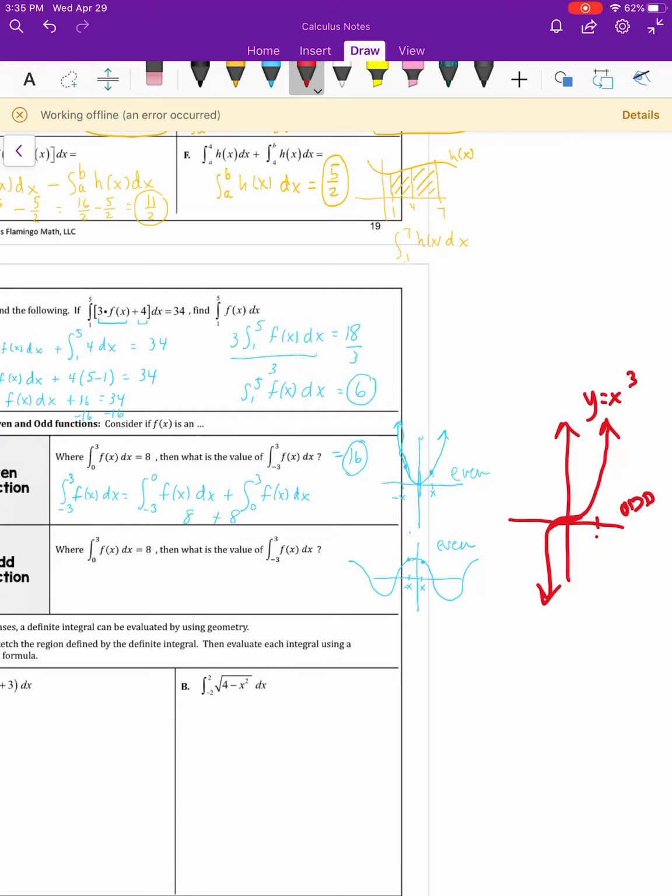Like x cubed is an odd function. Where if I put an x in and I get a y, if I put the exact negative of the x, I get the exact negative of the y. Okay? It is symmetrical about the origin.